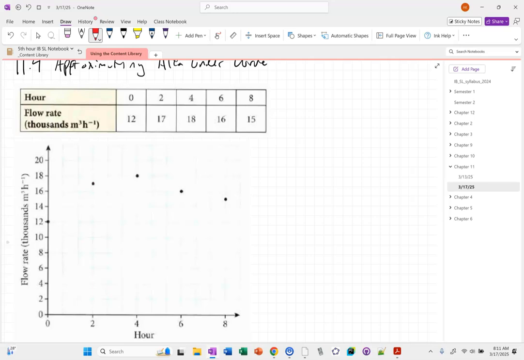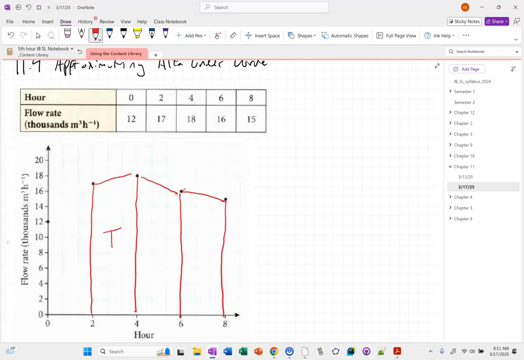So kind of what I'm going to think about doing here is I'm going to think about each of these as like a trapezoid. And I'm going to find the area of each of these trapezoids and then add those 3 areas up. And that'll give me approximately the area under the curve. I mean, the curve is probably something like that. So it's not going to be exact, but it'll be a good approximation.